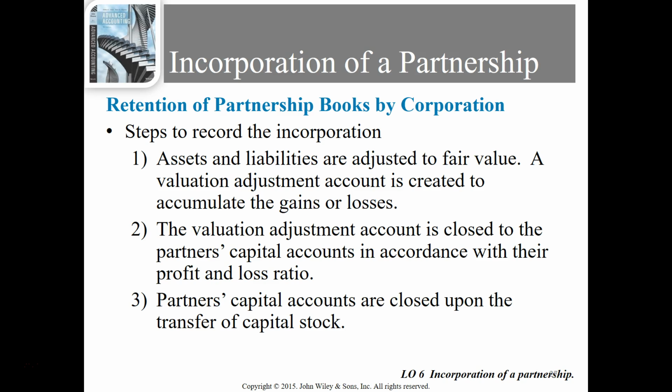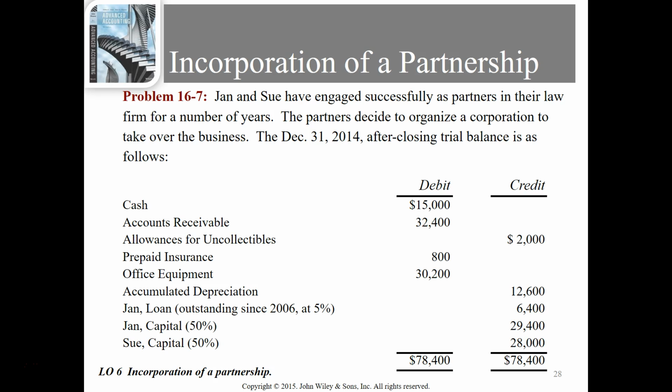A valuation adjustment is created to account for the gains and losses. The valuation adjustment is then closed to the partners' capital accounts in accordance with their P&L, and partners' capital accounts are then closed upon the transfer of capital stock to the new corporation.